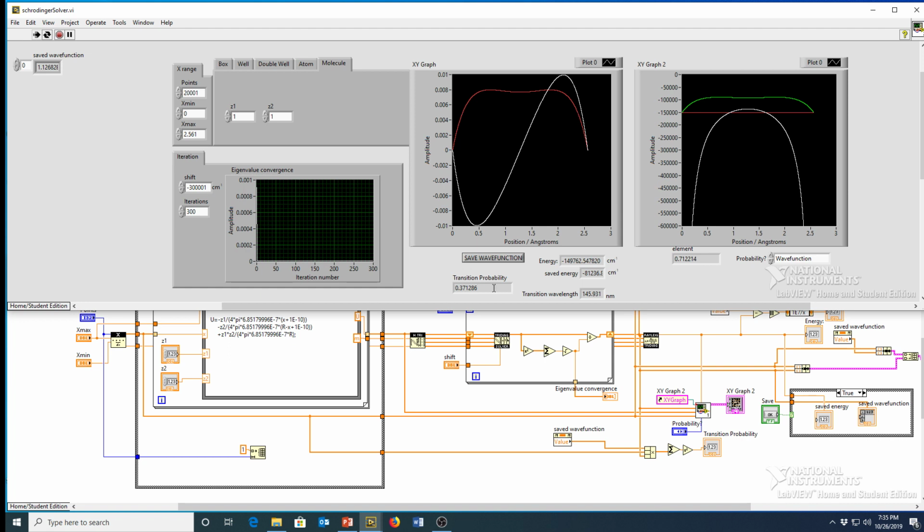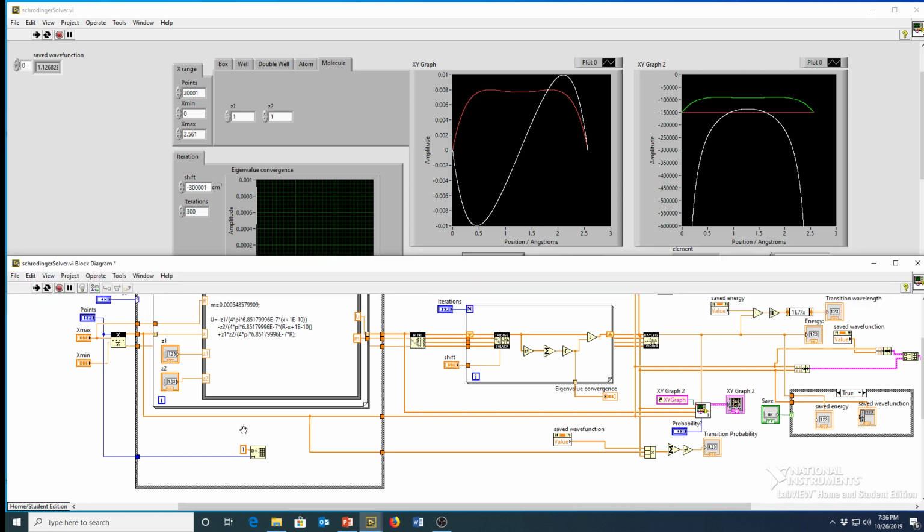Here we go. This would be a transition from the bonding to antibonding orbital. That should be allowed because the symmetry is changing, just like the particle in a box. And you'll notice these wave functions do indeed look similar to a particle in a box.